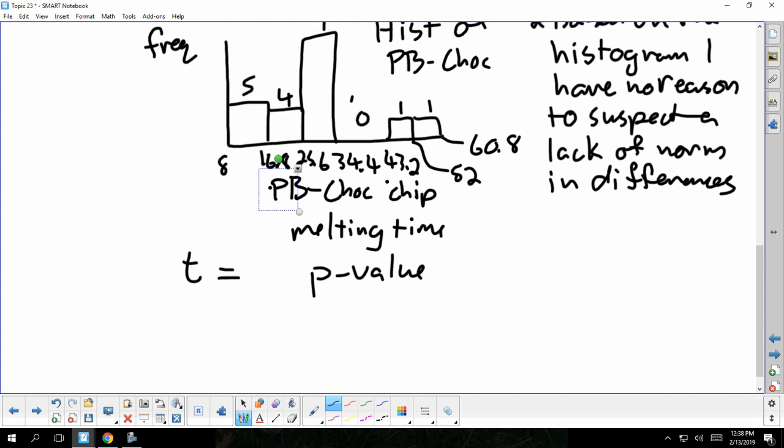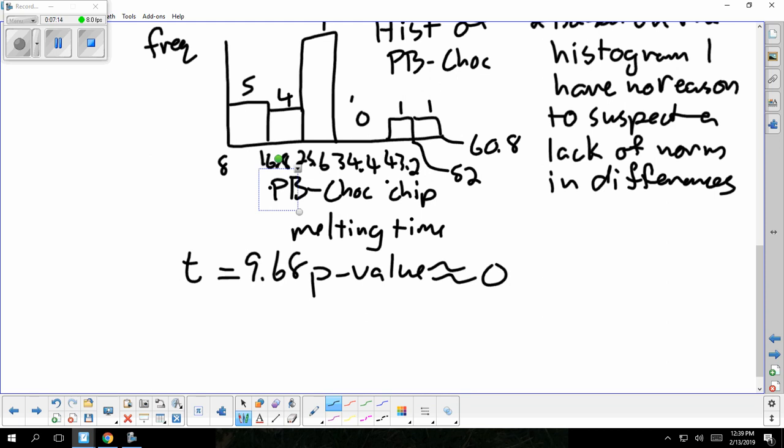So I'm going to go to stat, go over to test, and it's just a t-test, right? So I get my t of 9.68. My p-value is approximately 0. So 0 is less than 0.05. I'm going to reject H naught.